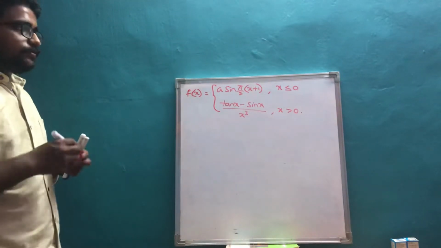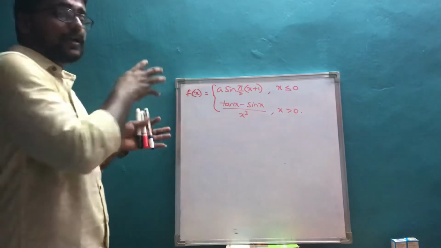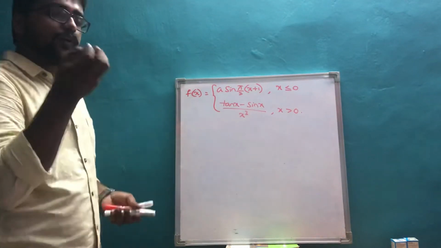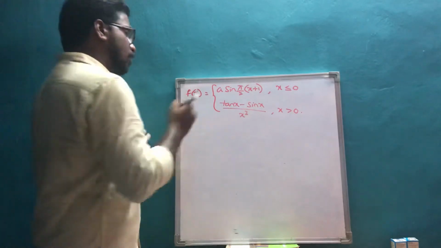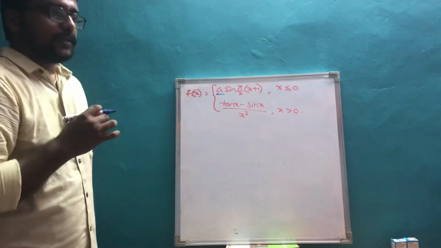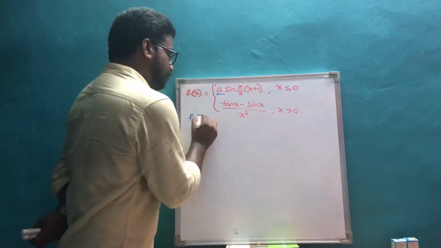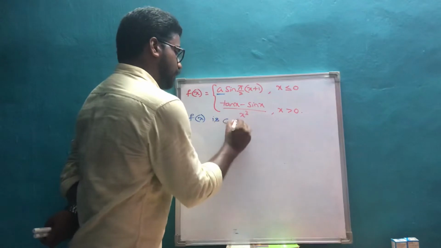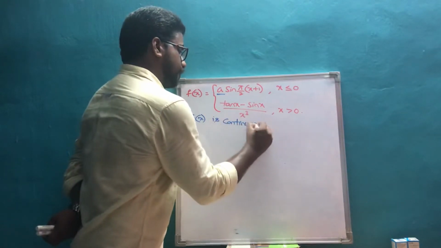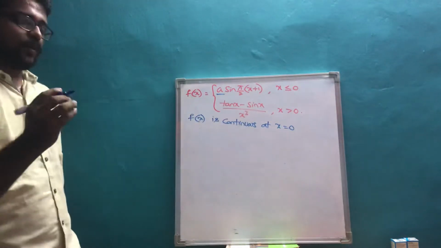Let us say this is continuous already, and we have to find out the value of a when the function is continuous. So now see here, in the question itself they said that f of x is continuous at x is equal to 0. Observe one point here.